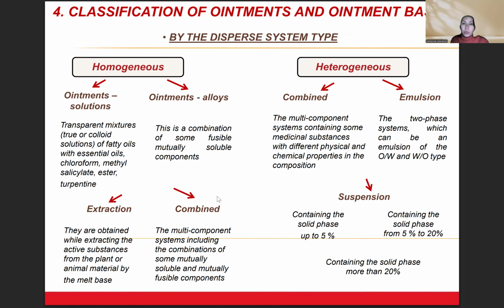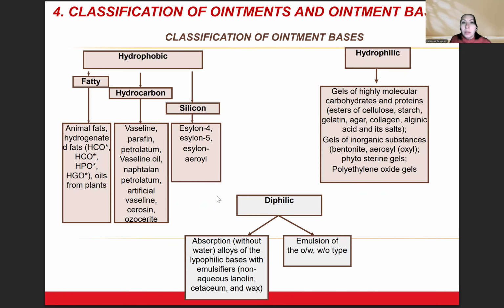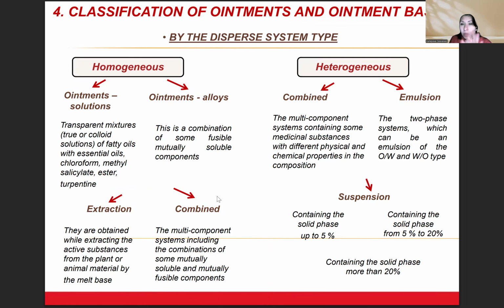One more thing. When we decide how to introduce medicines into the composition of the ointment, we evaluate their qualitative and quantitative content. If you have substances soluble in the water in quantity up to 5%, they will give you ointment emulsion. You will dissolve them in water. If you have 5% and more, then you introduce them by the type of suspension.